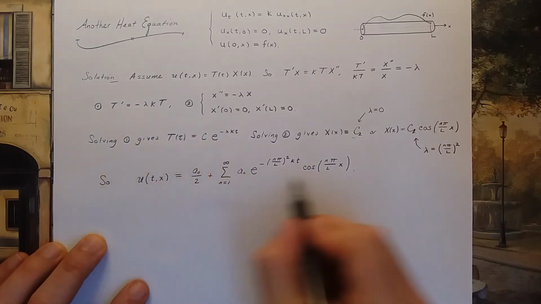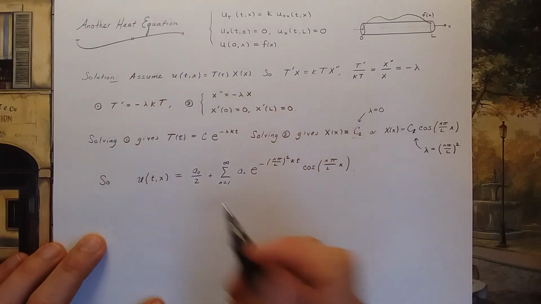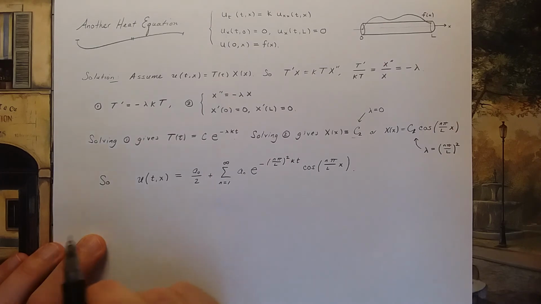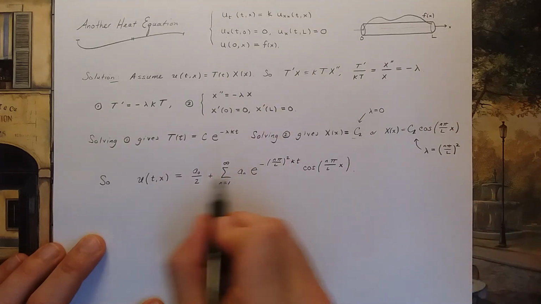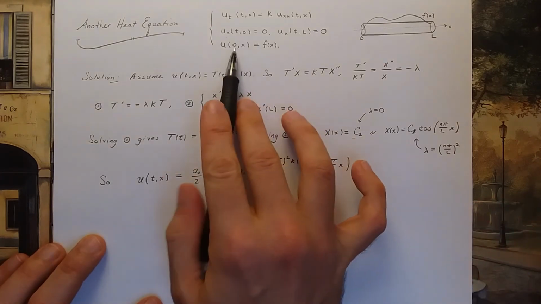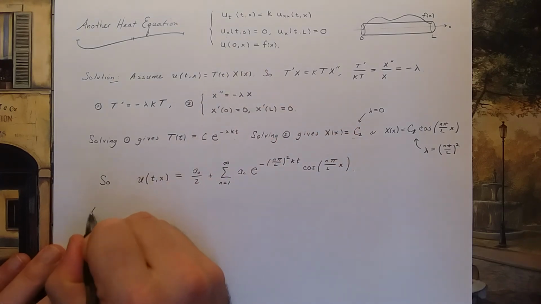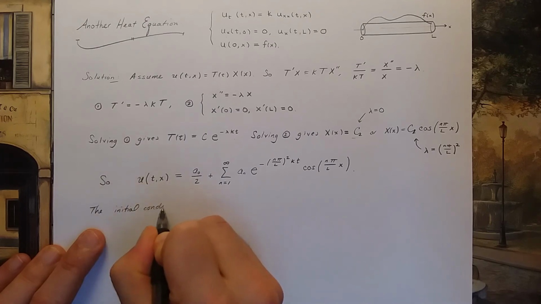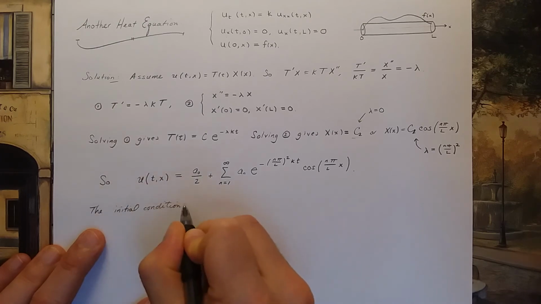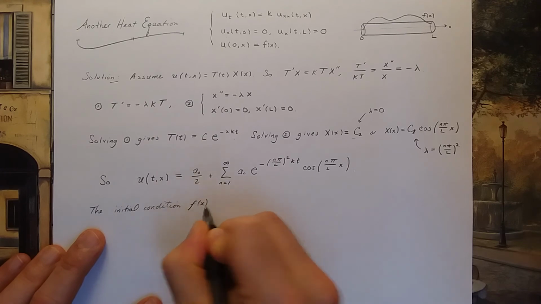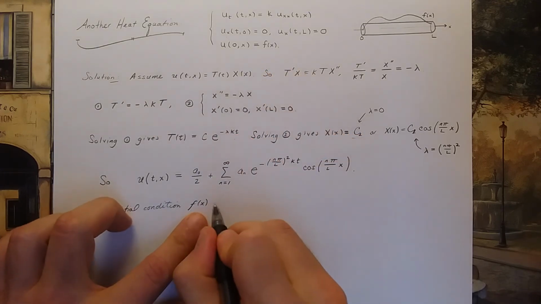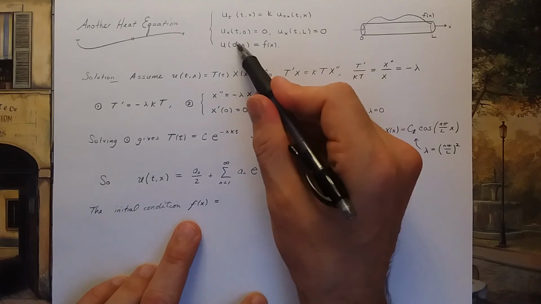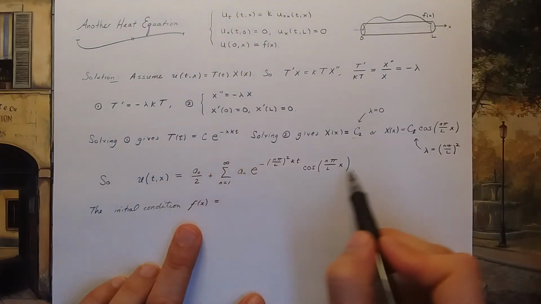So this is the general form, the solution that has arbitrary constants in it, but I could actually tell you what the constants are by plugging in my initial condition. So the initial condition says that my function f of x should be what I get when I plug in t equals 0 into this expression.